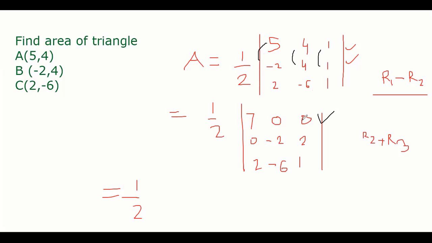First row is okay. In the second row what did I do? R2 plus R3, I added both. So -2 plus 2 is 0. 4 minus 6 is -2. And 1 and 1 is 2. Clear? So my determinant is now 7 0 0, 0 -2 2, and 2 -6 1. Correct?